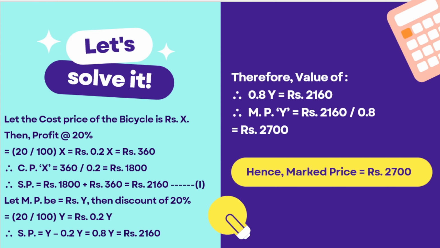So we can write 0.8y to be equal to Rs 2,160. Therefore, value of y can be calculated as equal to Rs 2,160 divided by 0.8, which comes to Rs 2,700. Hence, the marked price is equal to Rs 2,700.